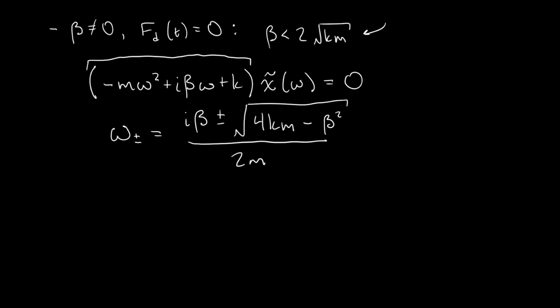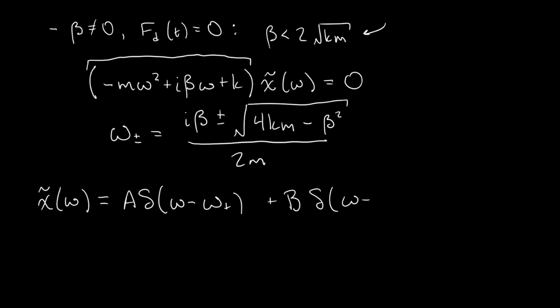Things look more complicated, but it's the same thing that we just did. So we can essentially just define our x tilde to pick out just these values of omega, plus beta delta omega minus, and there we go. We have a solution for x tilde which satisfies this equation. But we want the motion of this thing.